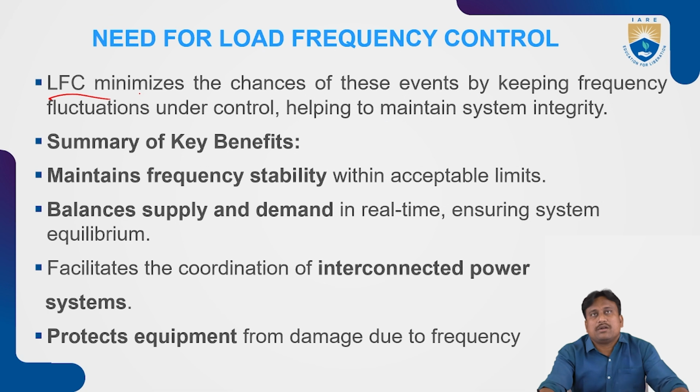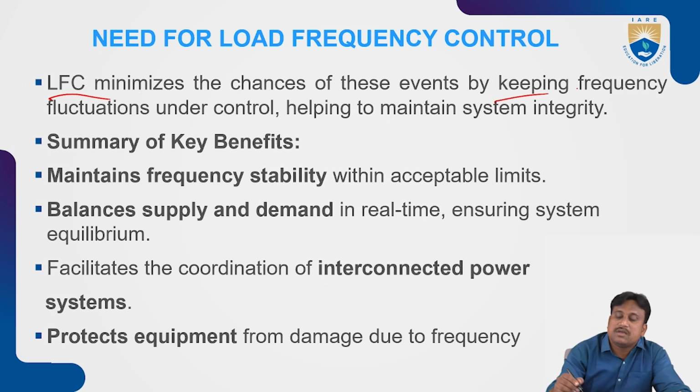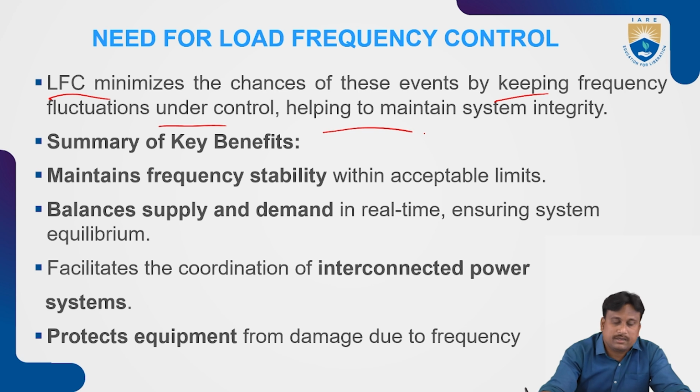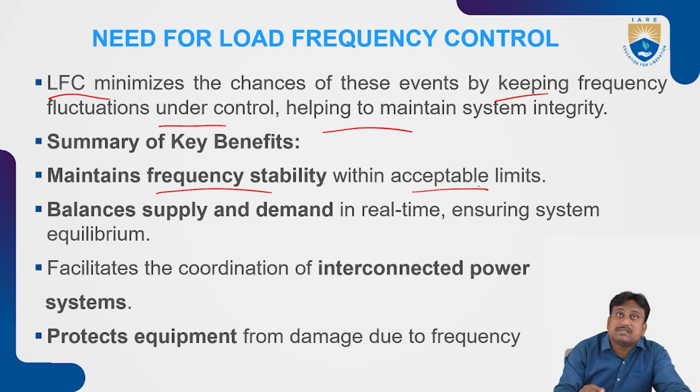Load frequency control is introduced to minimize the chances of these events by keeping the frequency fluctuations under control and helping to maintain system integrity. The key benefits are maintaining frequency stability within acceptable limits and balancing supply and demand in real time, ensuring the system equilibrium condition.